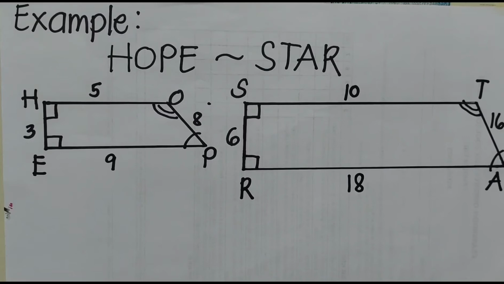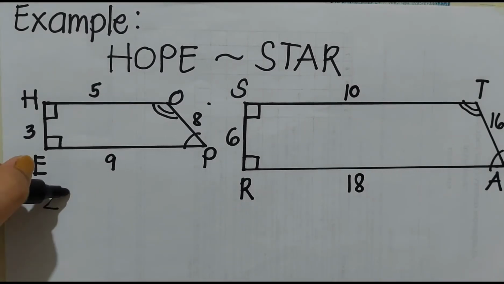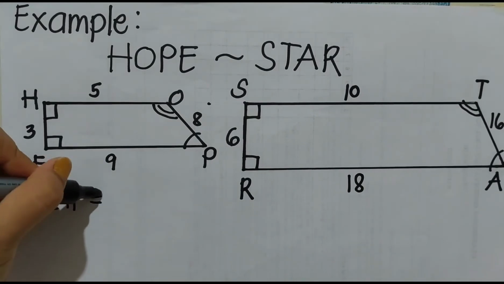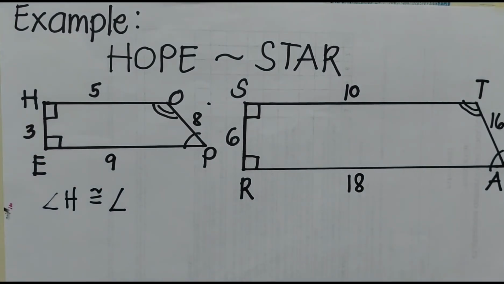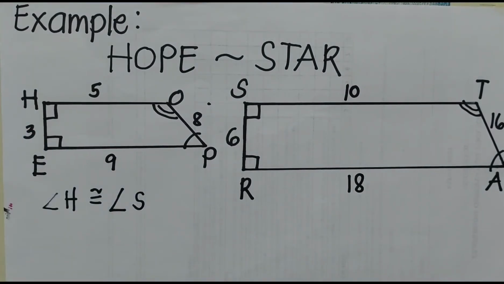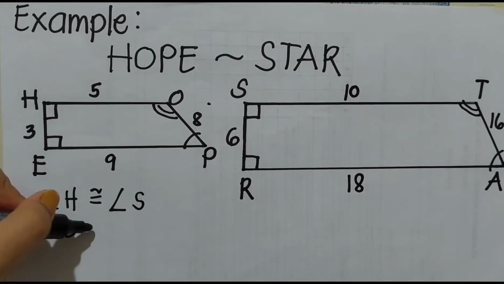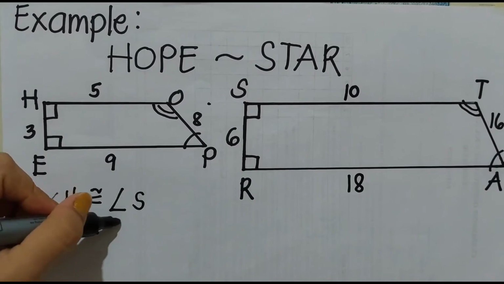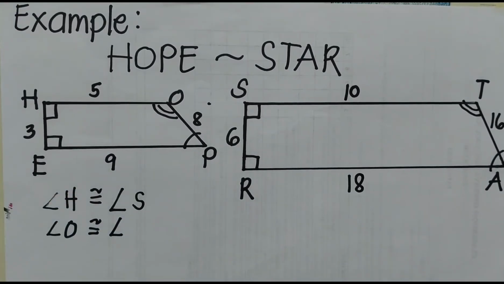Now, if the two quadrilaterals are similar, we are going to identify the angles that are congruent. So first, as you can see, you have angle H. Angle H is congruent to angle, what angle? Angle S. Okay? Then, angle O is congruent to angle, what angle?